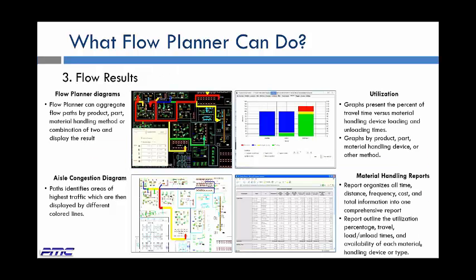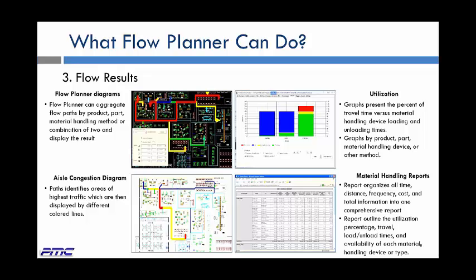Flow results, as you can see in your left-hand top corner, is a diagram showing the major traffic. The red lines show the high congestion, high traffic lanes. The yellow might be the medium traffic lanes.